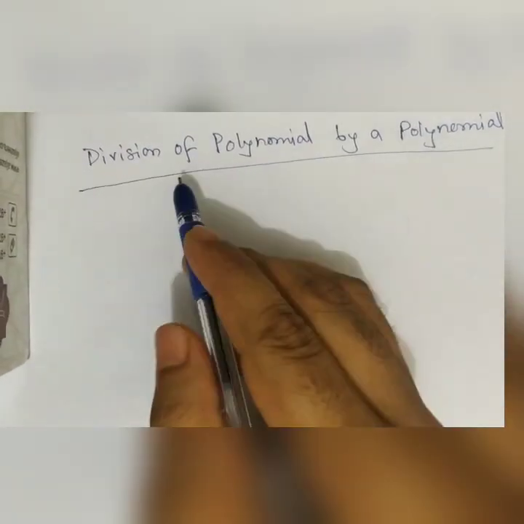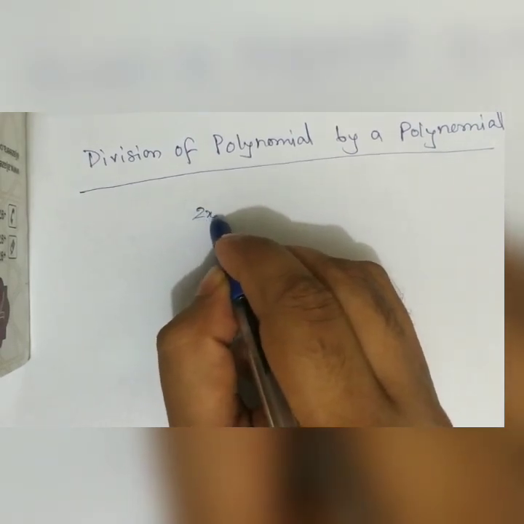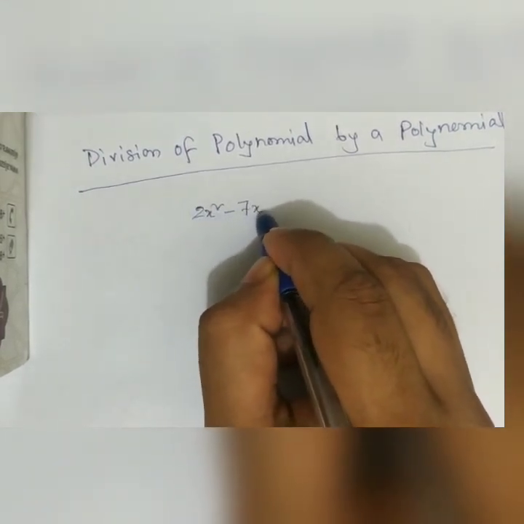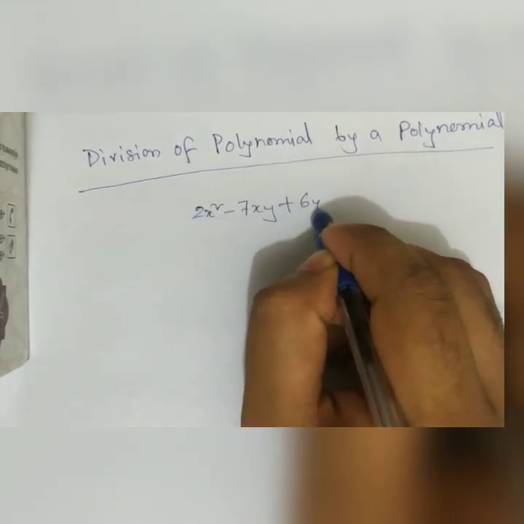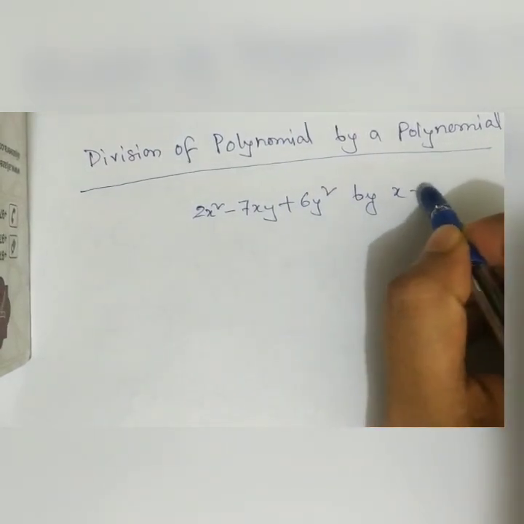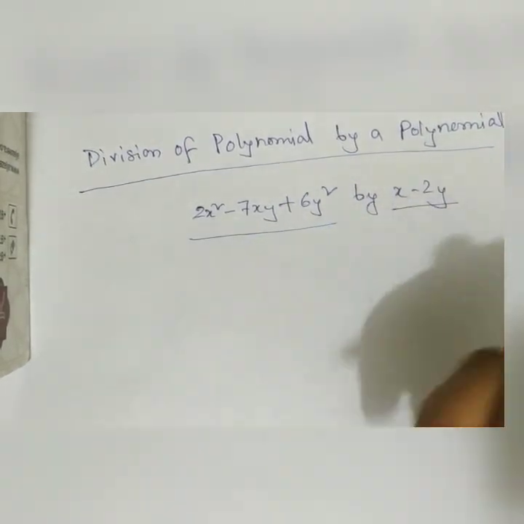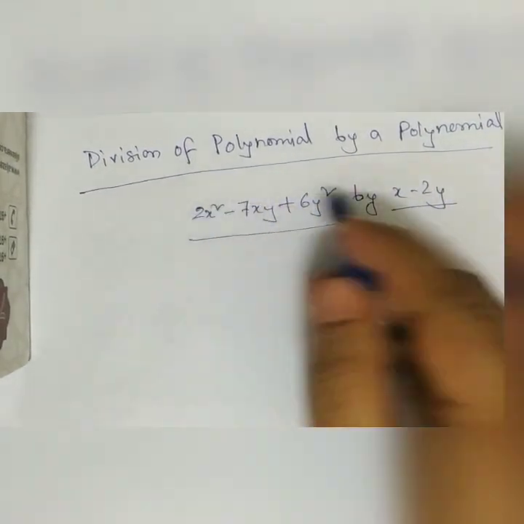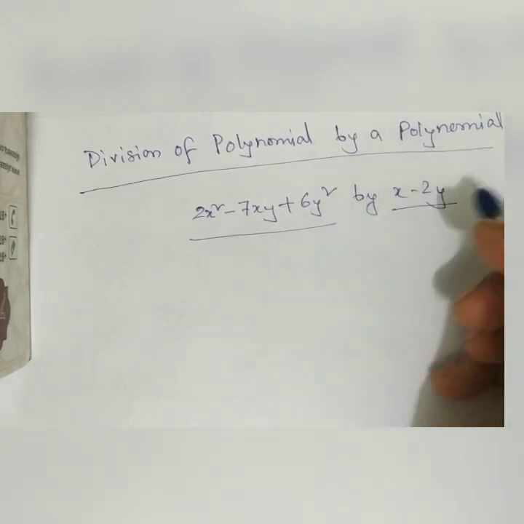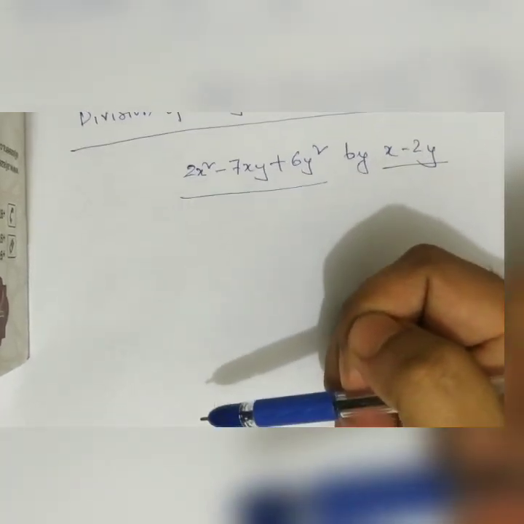Okay, let's say 2x squared minus 7xy plus 6y square. I need to divide this by x minus 2y. So both of these are polynomials because every algebraic expression has a minus or a plus sign, you can see. So let's try to divide.